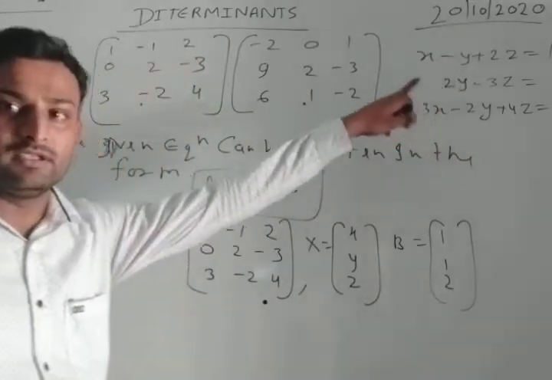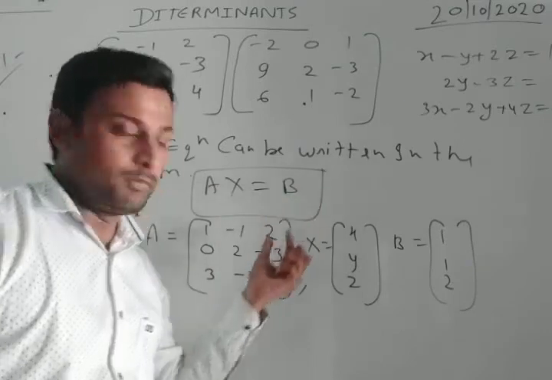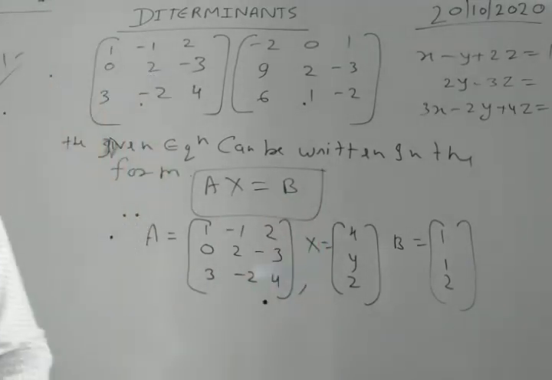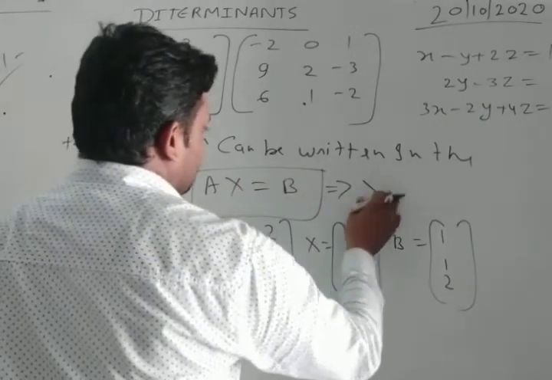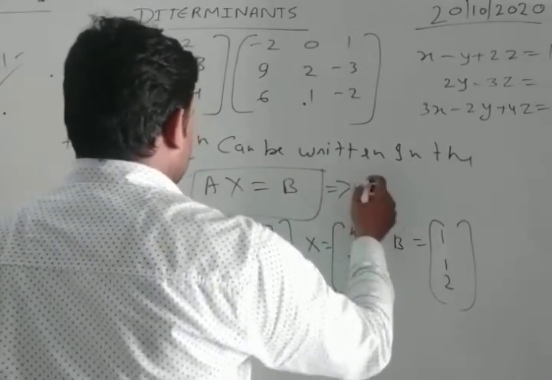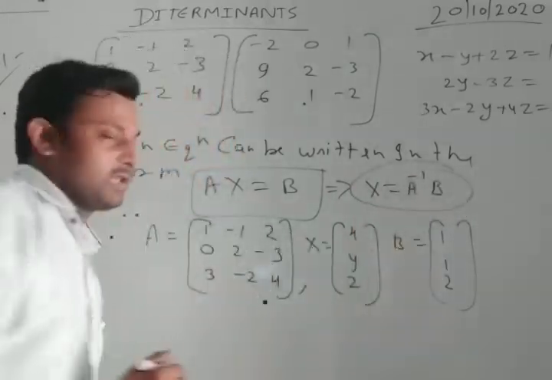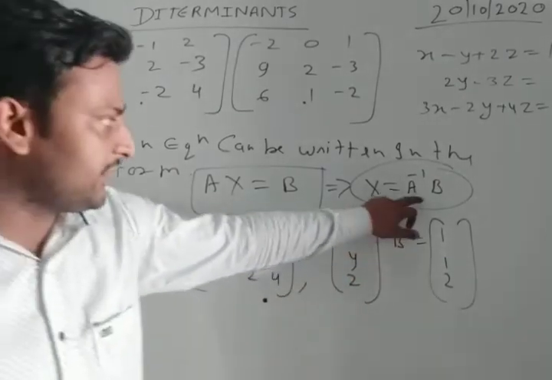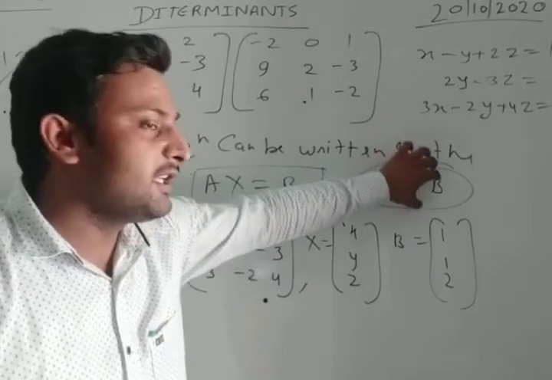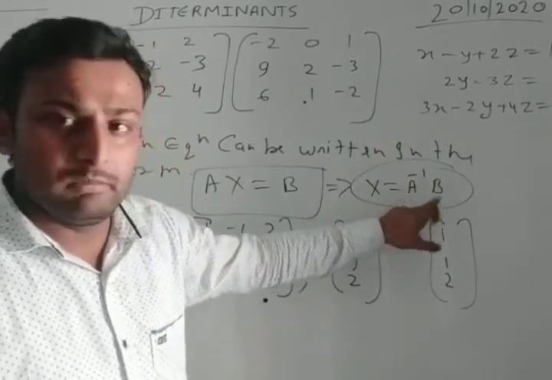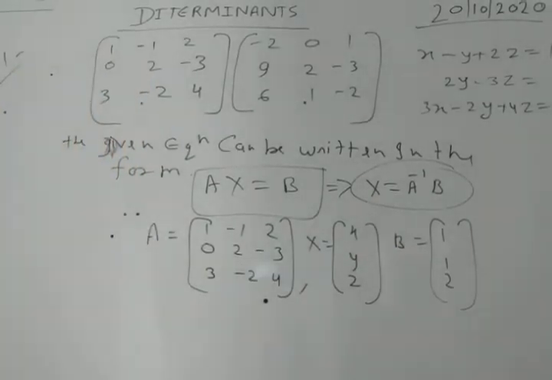From the given equation, we have written it in the form AX is equal to B, where A, B and X are given. Now this can also be written as X is equal to A inverse B. If we find this A inverse, we can multiply it with B and get x, y, z after comparing.